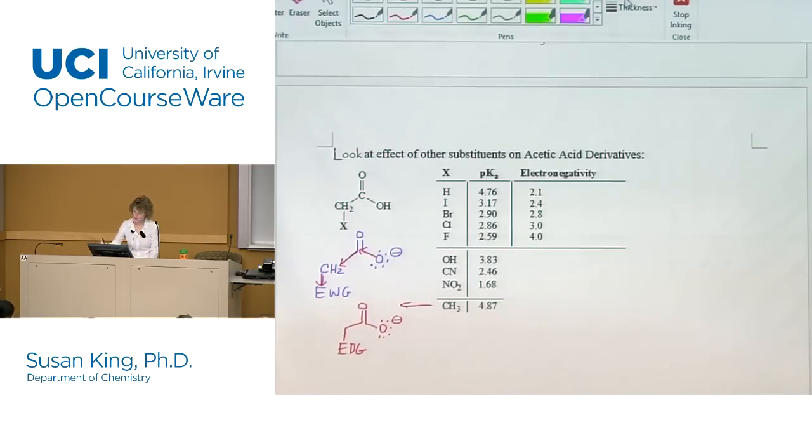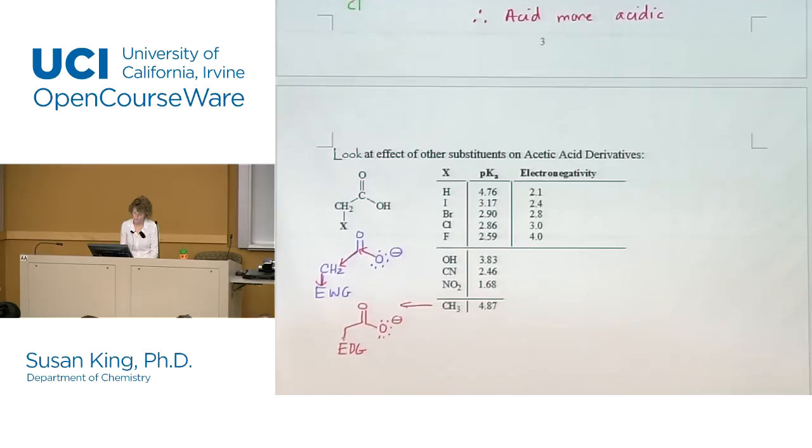So that's actually pushing electrons in the opposite direction. It's very weak, but you can kind of see pushing electrons in that direction. And so it's actually making it less acidic than acetic acid. Not a very powerful effect, but it is slightly electron donating.